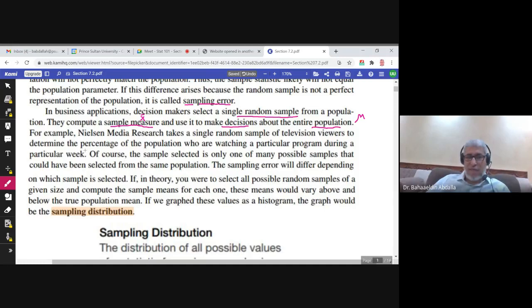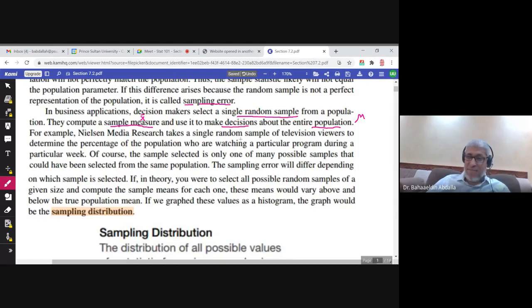All right. For example, Nielsen Media Research takes a single random sample of television viewers to determine the percentage of the population who are watching a particular program during a particular week.